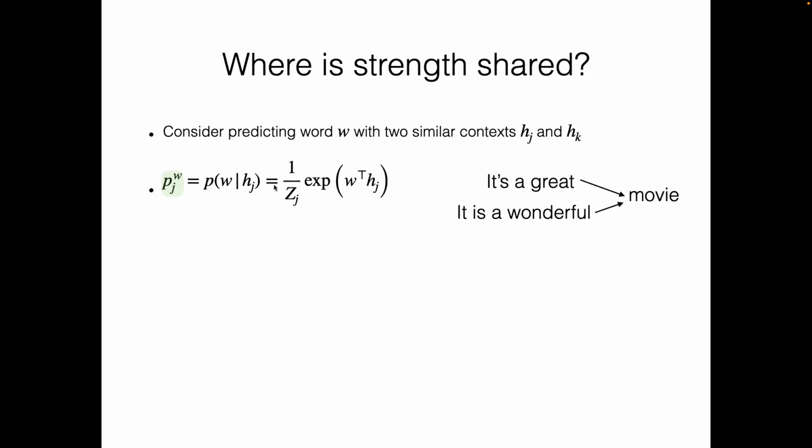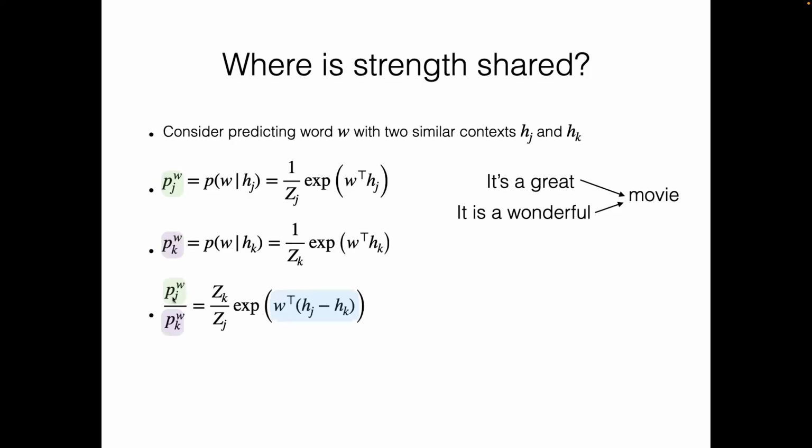Then let's say our language model is of this form. This is just writing out the softmax, and this is the denominator of the softmax. We'll say that the probability of word W, movie, given context J, is this. Similarly, this is the probability of word W given context K.